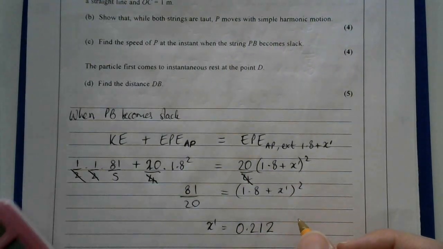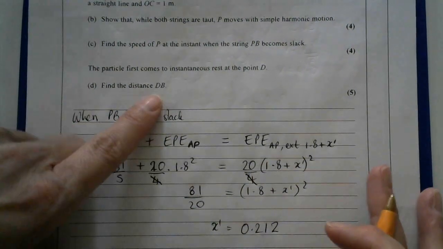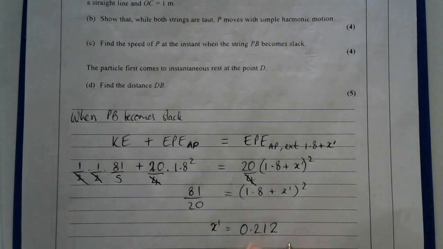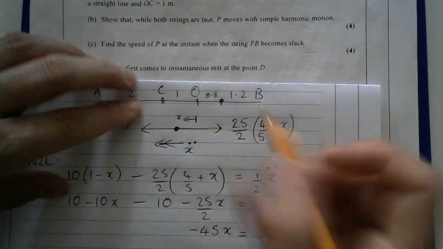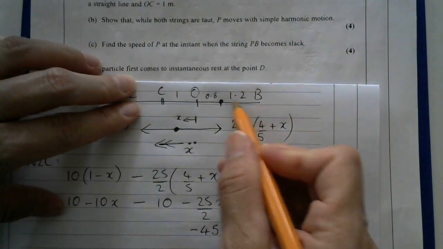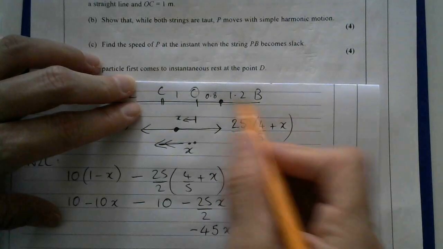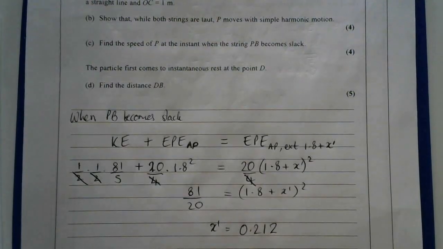Now, what I actually want is the distance dB, and what I found out is the extension from here beyond that. So I need to do 1.2 minus x dash.